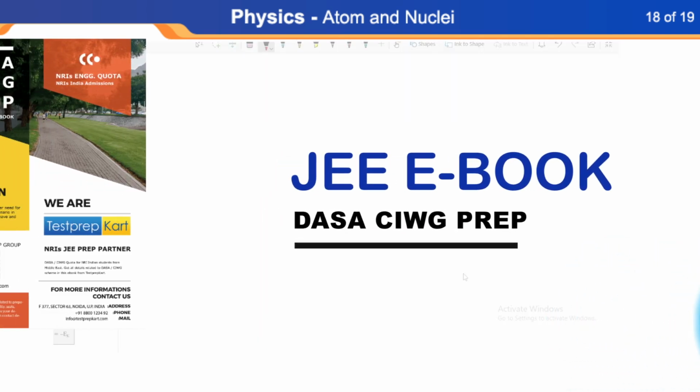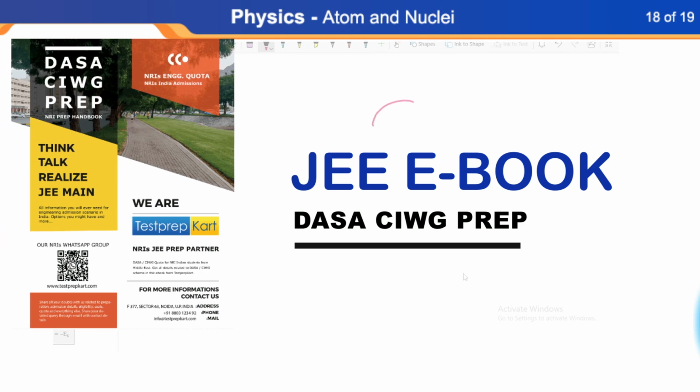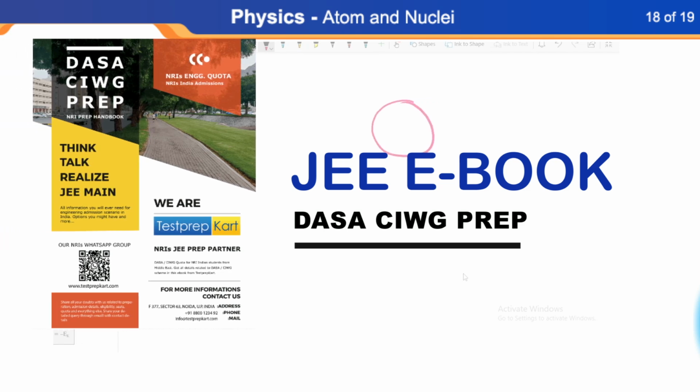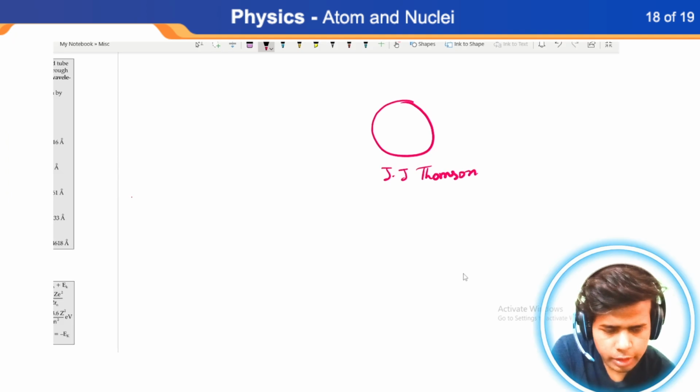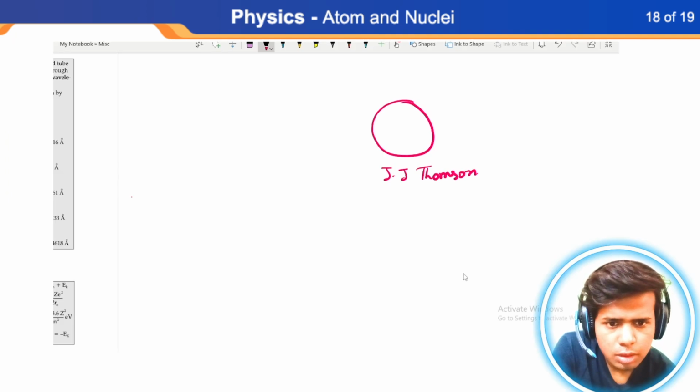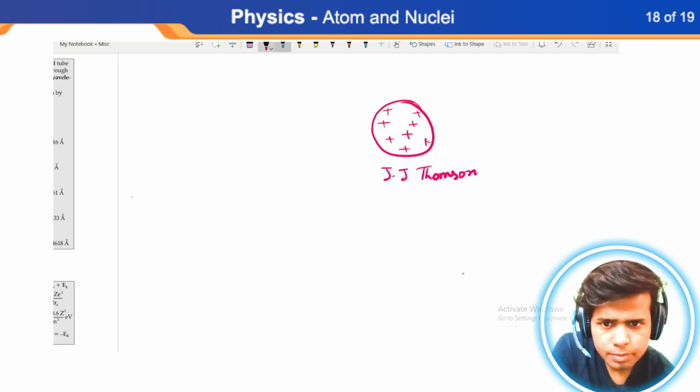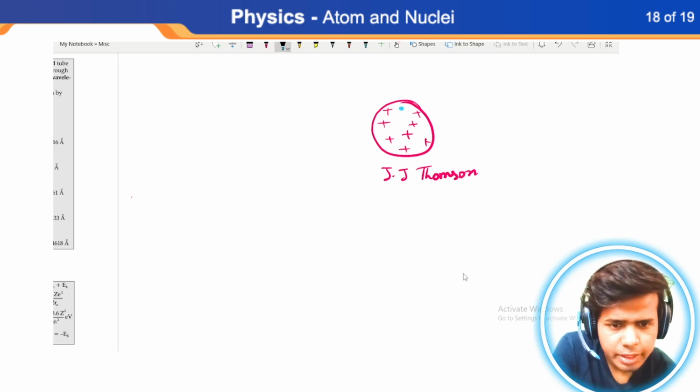The first model was J.J. Thomson's model. He said that the whole atom is a positive charge, evenly distributed positive charge, and there are electrons embedded in it.